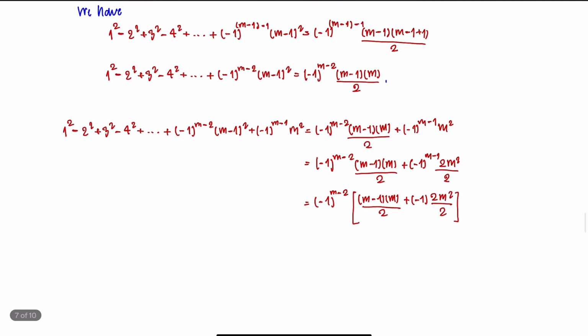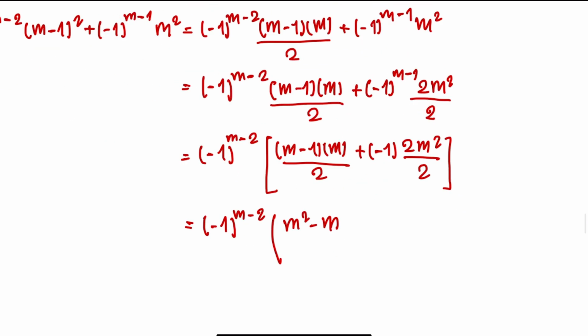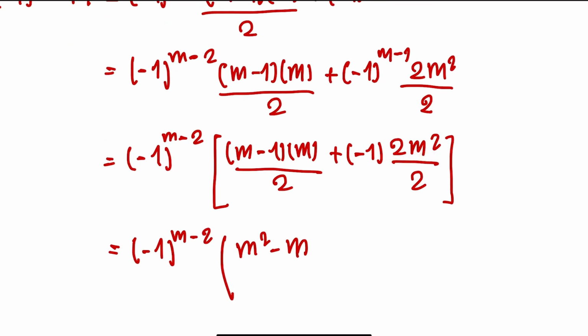So try to simplify this term. We're going to have minus 1 raised to the M minus 2, and then M squared minus M. Distribute this M into this, and minus 1 times 2M will become minus 2M over 2.